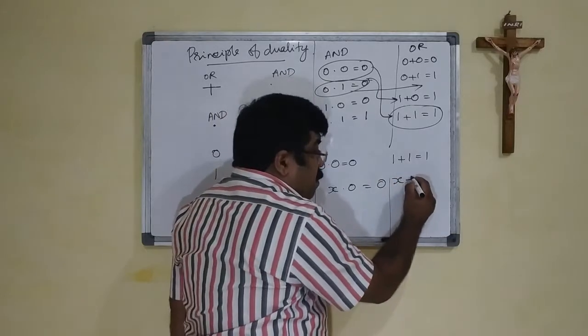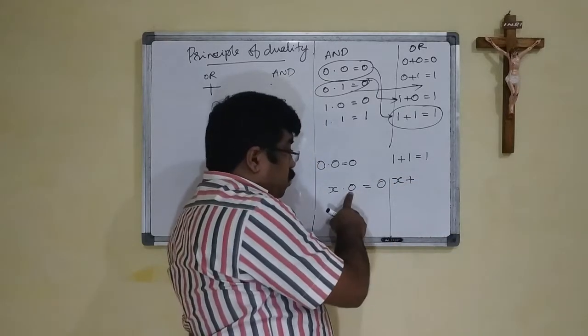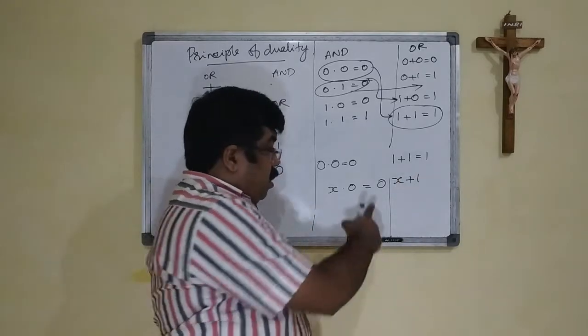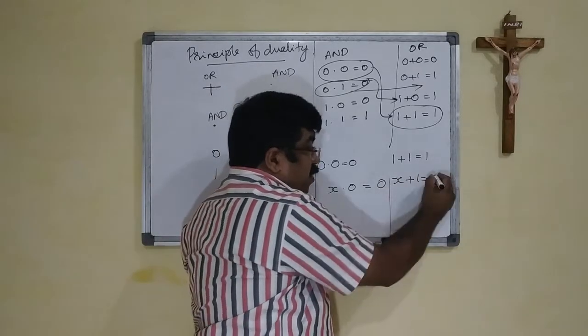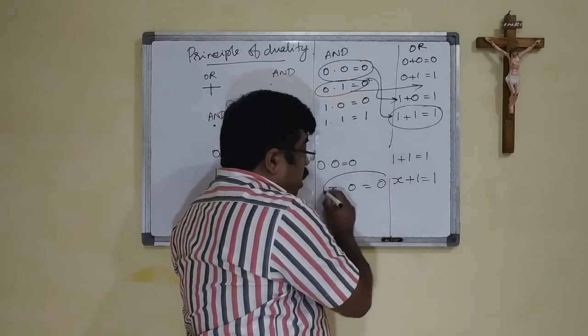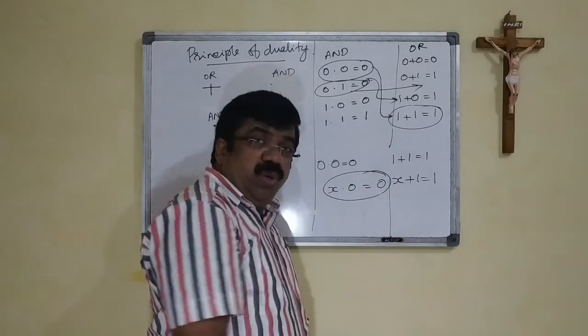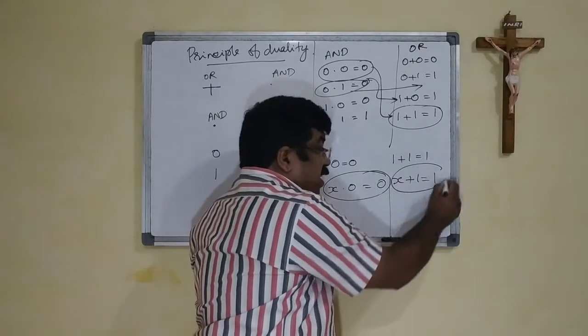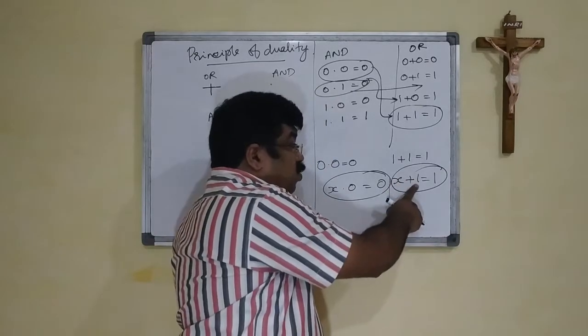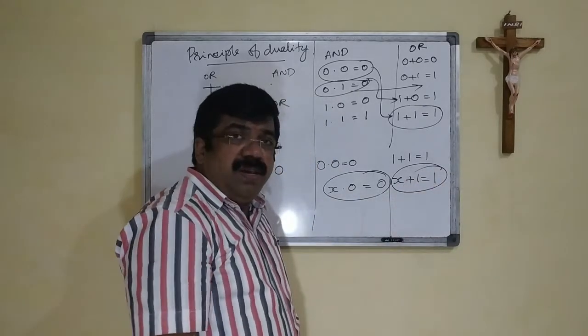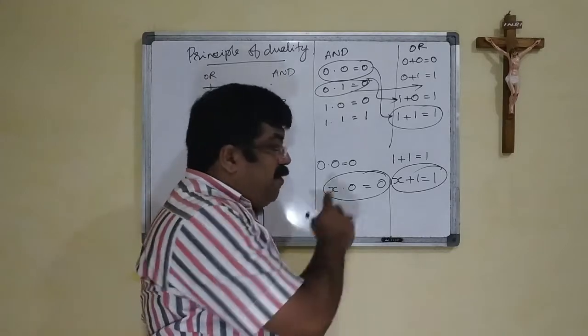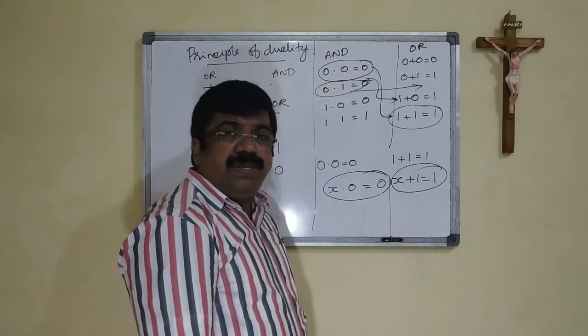This AND will become OR, 0 will become 1. Again, on the right side the 0 will become 1. So from x into 0 is equal to 0, we get the second expression, x plus 1 is equal to 1. In the previous videos, I have explained about it.